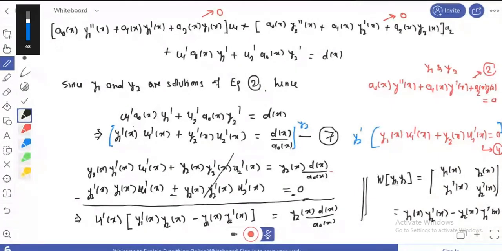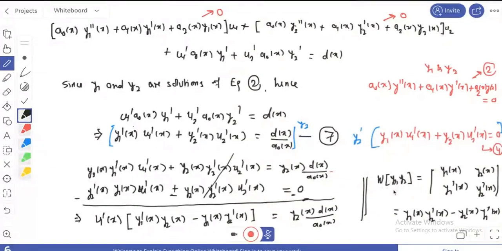Here you can check the value of this. If we multiply by minus on both sides, this term becomes the Wronskian of y1, y2.